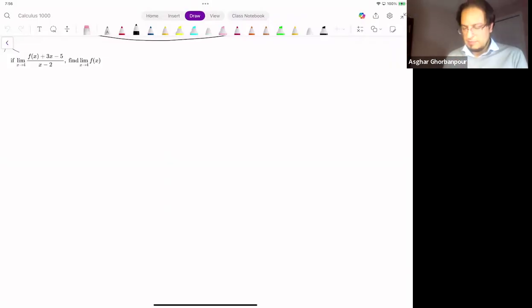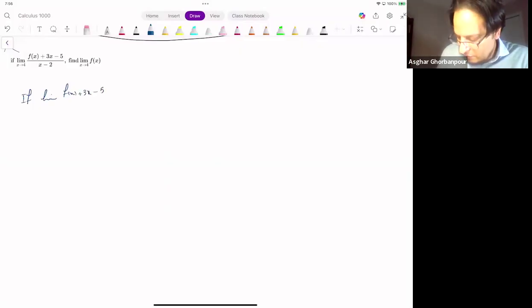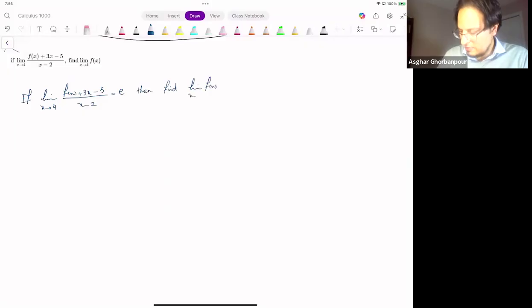Wait a minute, I didn't write this completely, sorry. I should have said that if the limit of (f of x plus 3x minus 5) over (x minus 2) as x goes to 4 is equal, say, to e, then find the limit of f of x as x goes to 4.